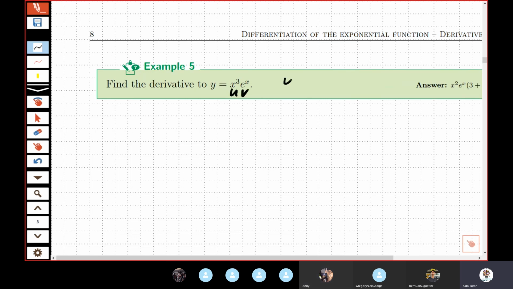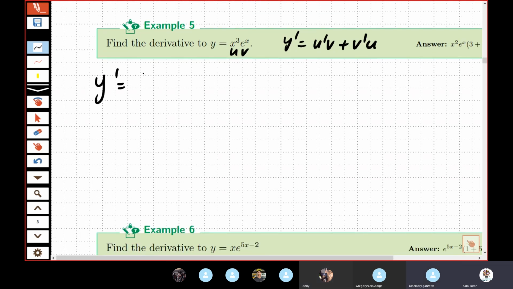So uv: y dash equals differentiate u, then differentiate v. Y dash equals u dash. What's u dash? 3x squared. Yep. Times v plus v dash.